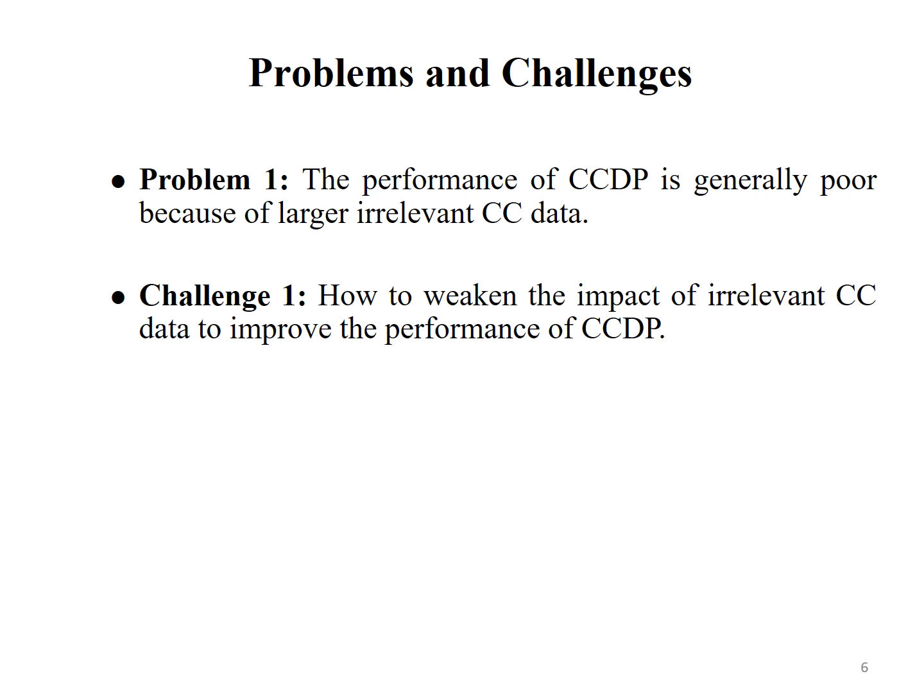So one challenge is how to weaken the impact of irrelevant CC data to improve the performance of CCDP. The ability to transfer knowledge from a source company to a target company depends on how they are related. The stronger the relationship, the more useful the CC data will be.